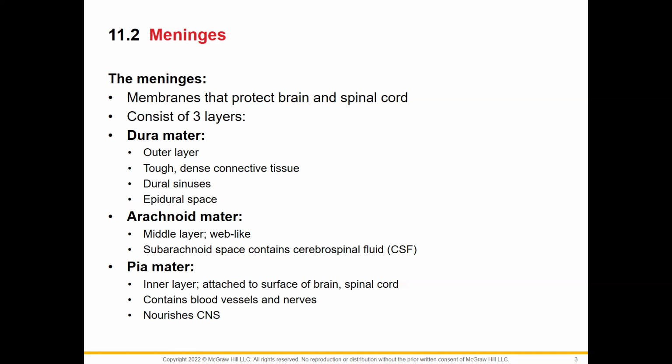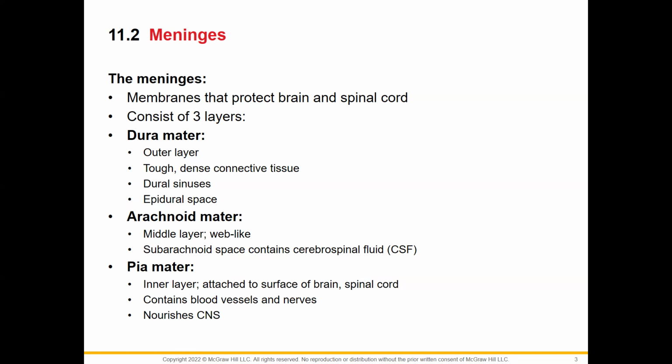It makes up the dural sinuses. And because of the dura mater, you have the epidural space. Remember, epi means above or outside of. The epidural space is the space between the dura mater and the skull, or the dura mater and the vertebral bones, the vertebral canal. That is that space.